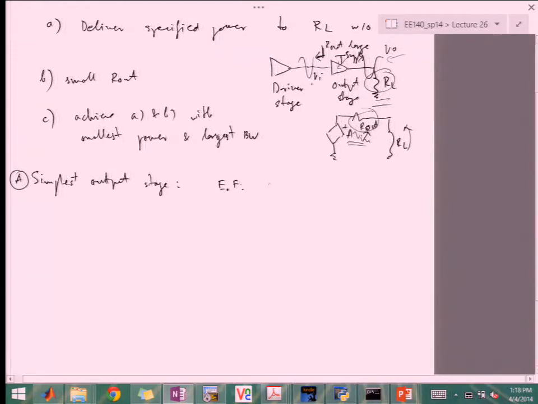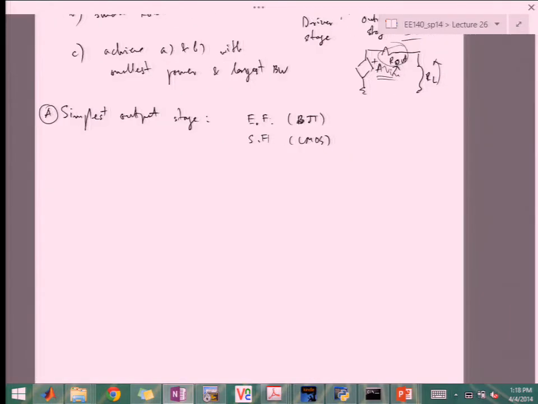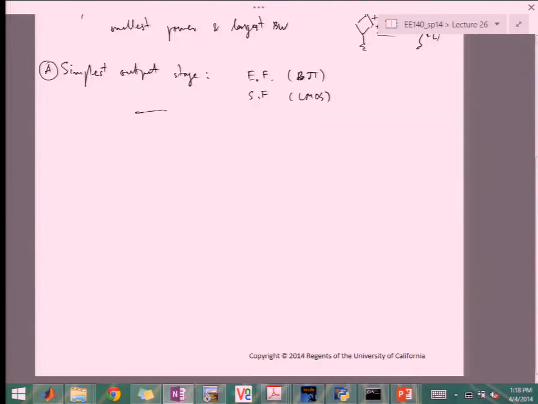Emitter follower in bipolars, and in CMOS. Okay. So we're going to start with the emitter follower. It could look something like this. You have the VI here, and then it's essentially this transistor, which is then loaded by a current source.